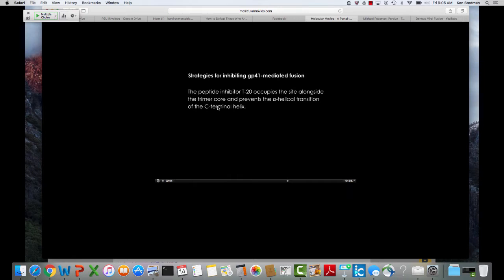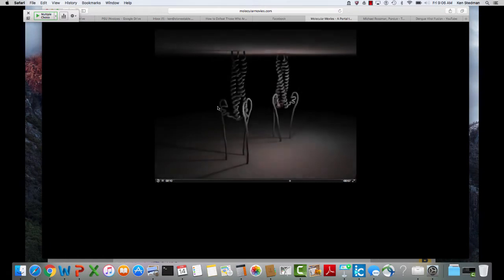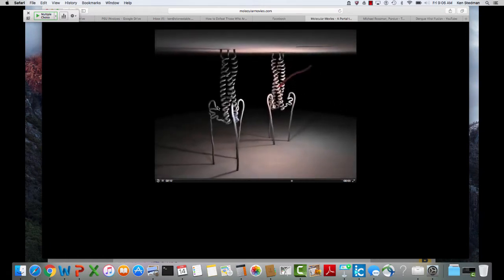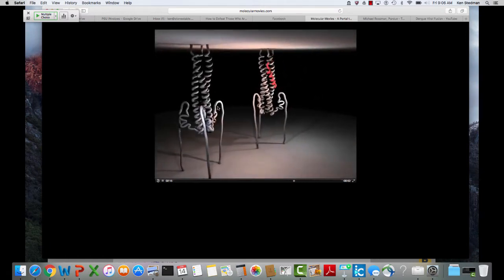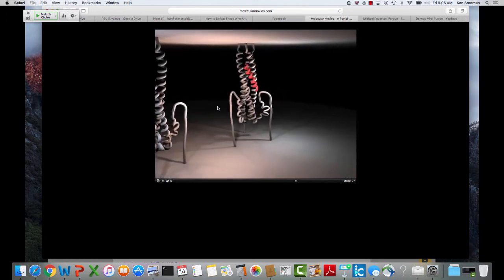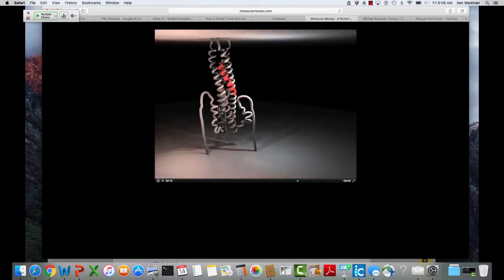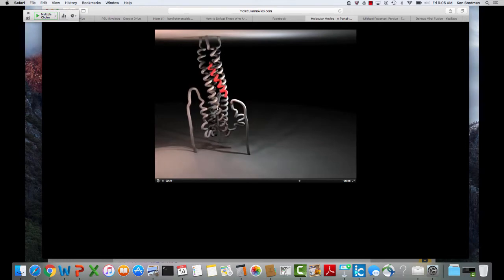And so this now transitions into some drug design processes. Understanding this particular mechanism allows us and other people, of course, to design drugs that will now stop this conformational change from happening.